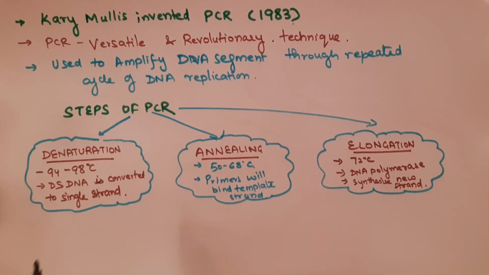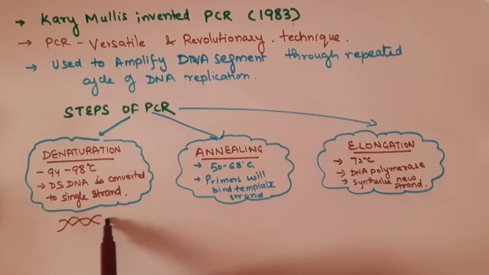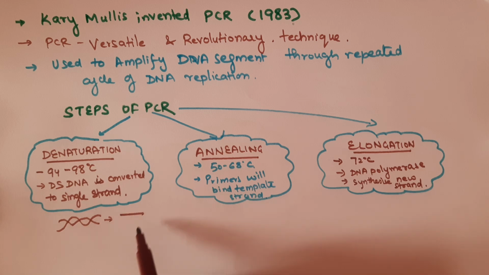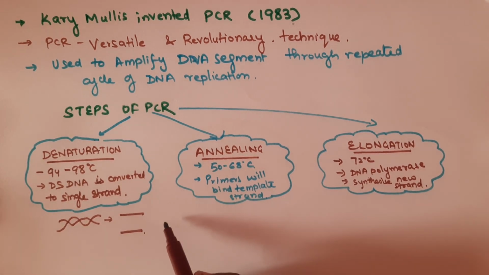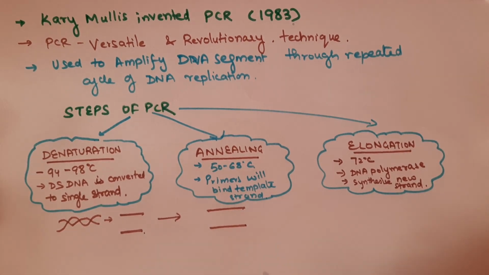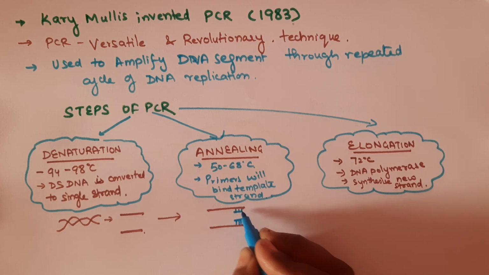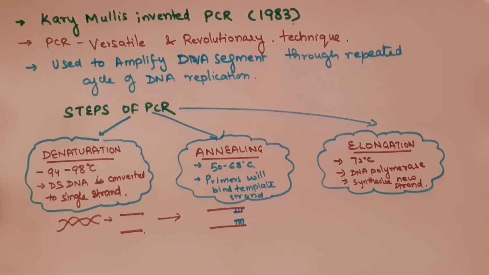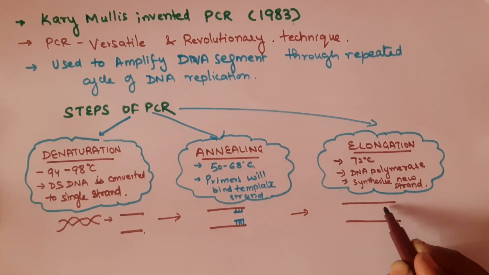So you got my point. I will repeat it again. When we start, there is a double strand DNA. Just I will draw it like this. In the denaturation step, it is converted into single strands by heating at 94 to 98 degrees Celsius. In the annealing step, we design a single stranded nucleotide sequence known as primers, and the primers attach to the complementary sequence. Once they are attached, the elongation step comes.